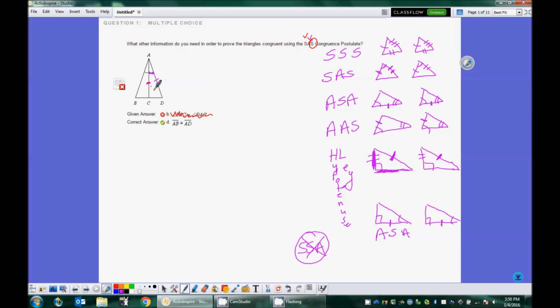So the only way that is if I have angle A and also angle A in the other triangle. So both of those force the angle to be in between the marked sides. So this angle is in between BA and AC. And the angle A in the right hand triangle is in between sides AD and AC. I could not put it on BC, and that would have led me to side-side-angle, not in between, which we said doesn't work.